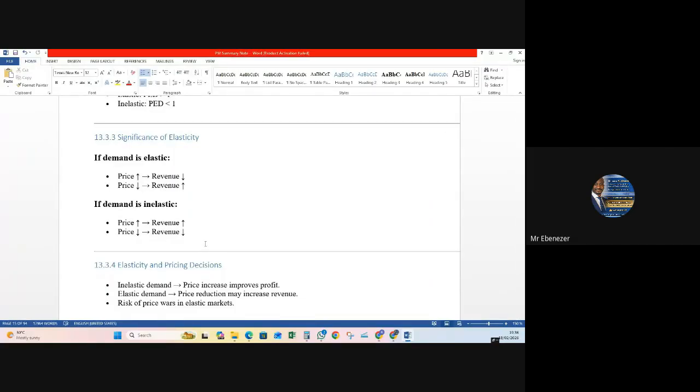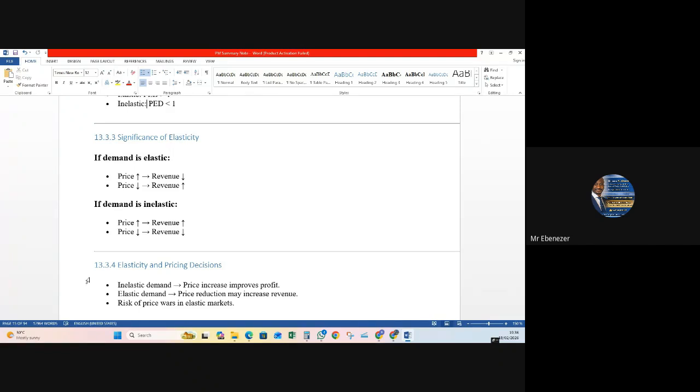Now, we have the significance of elasticity of demand. If demand is elastic, that means an increase in price will reduce revenue. Once you increase the price, then it means your demand will fall.